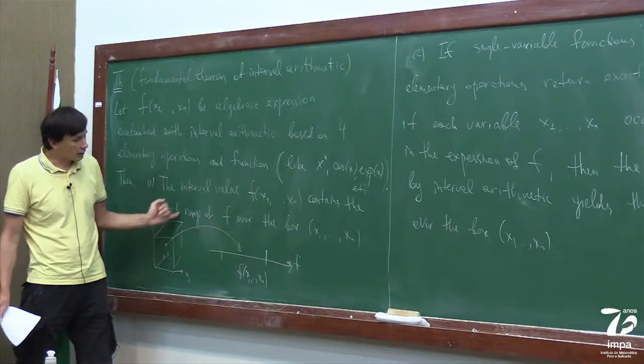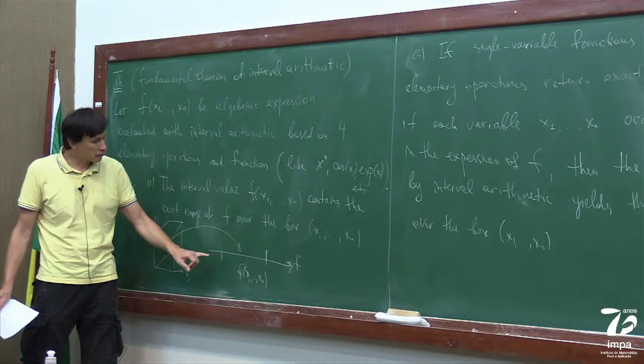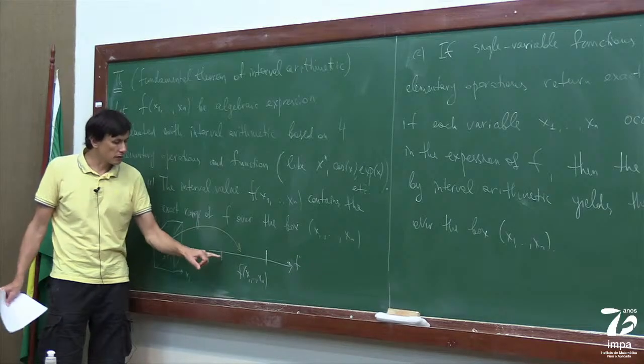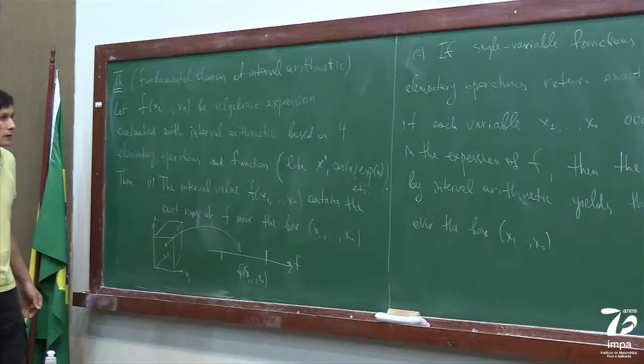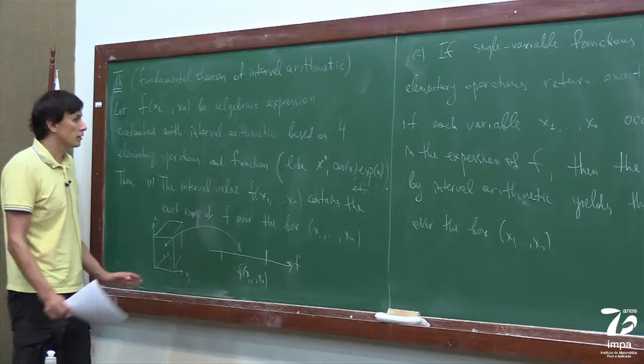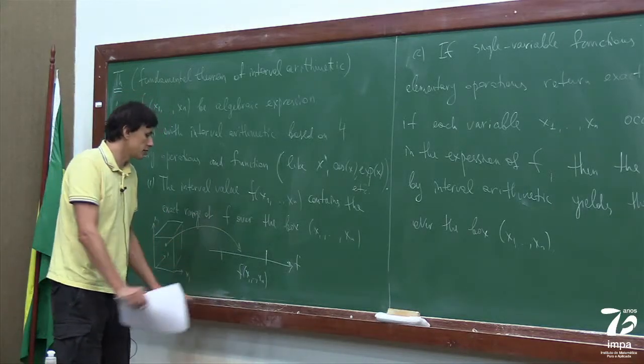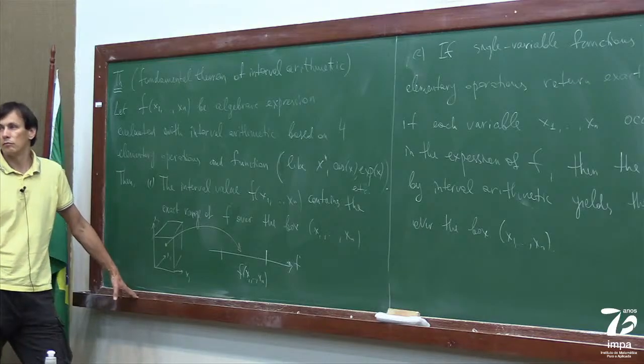So every point inside will be in the interval, but also every point in the interval will be obtained from some point of the box. It means that in this case, the computation is best possible.